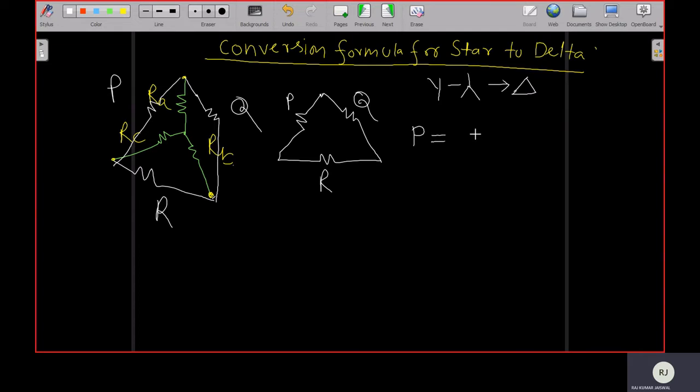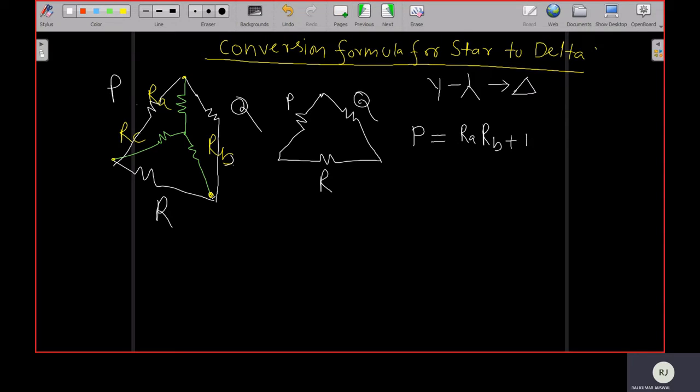If the large one is going to become the small one, the numerator will be large. Then what is the P value? P is connecting here. Then how can we write it?